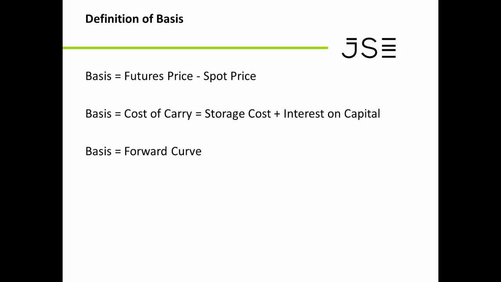We will go through a couple of examples to justify what we mean by basis in general. One which we are not going to cover today is a special case of basis which we call spatial basis. When we trade a white maize contract, the traded price is for a specific reference point, in our case Randfontein.